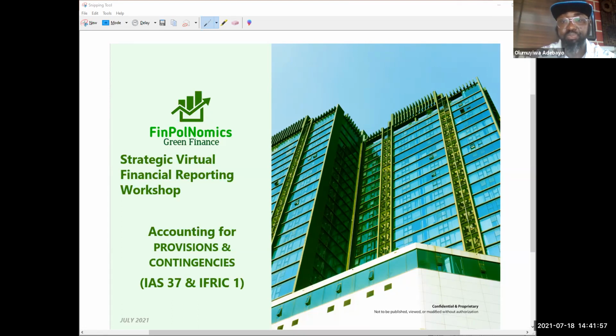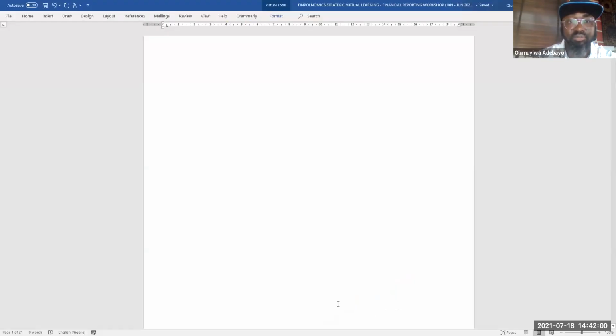Let me share my notes. We'll be discussing IAS 37, provisions and contingencies, which will include contingent assets and liabilities. I think I have to structure my pen in a better fashion.